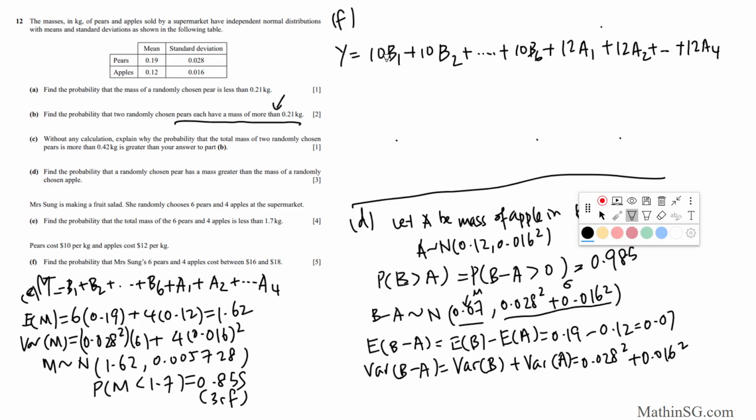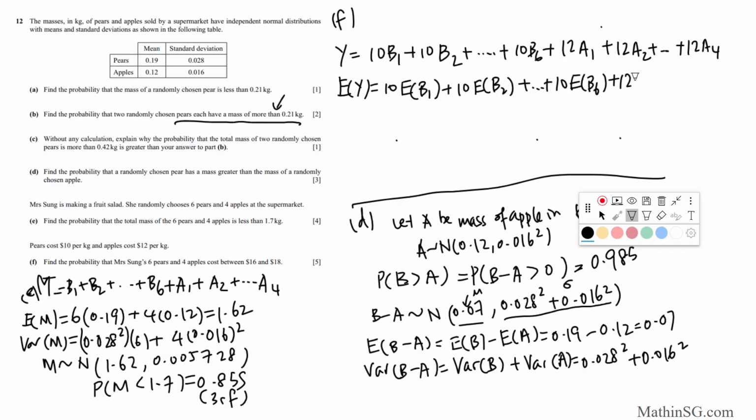So how do I find the expected value of y? Well, it's basically 10 of EB1 plus 10 of EB2 all the way to plus 10 of EB6, right?